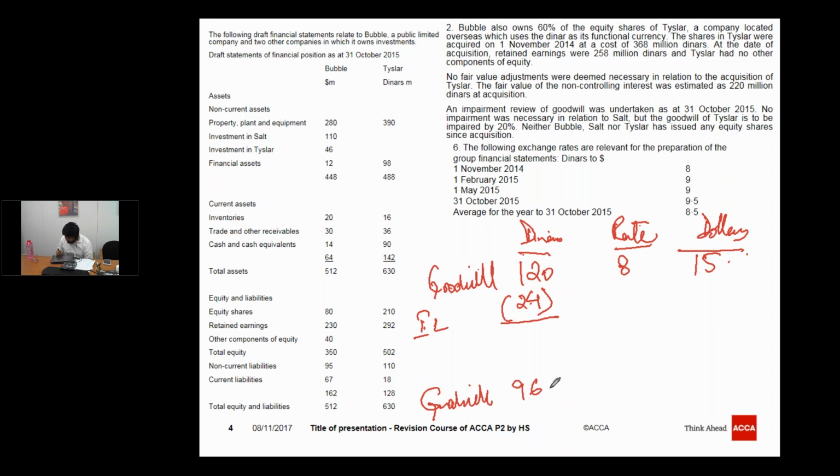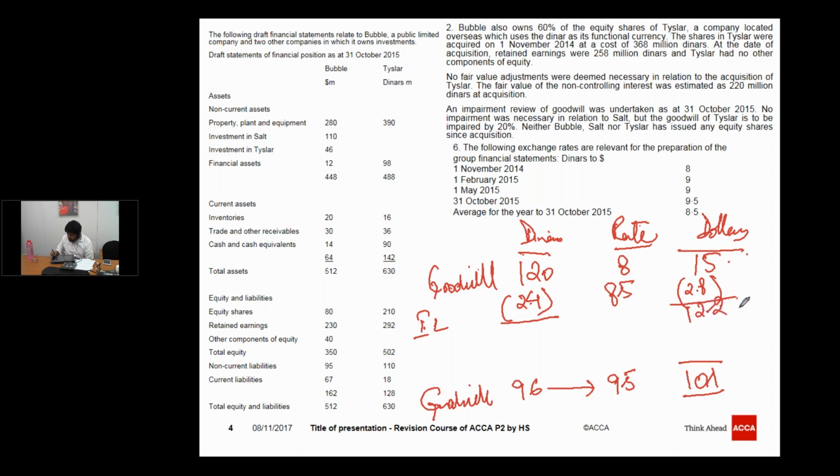So when we convert the 96 value at 9.5 rate, that is the closing rate, then we get the value of 10.1. And when we charge the impairment loss in dollars, the rate should be 8.5. So 24 divided by 8.5, we get the value of 2.8. And the difference after deducting is now 12.2.